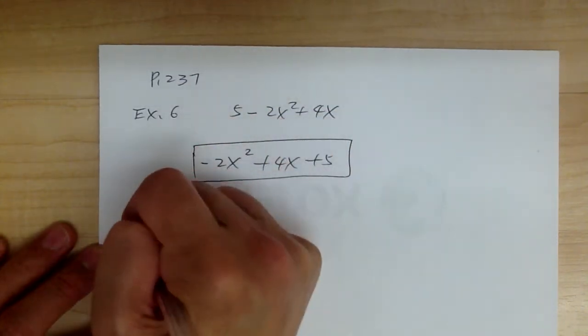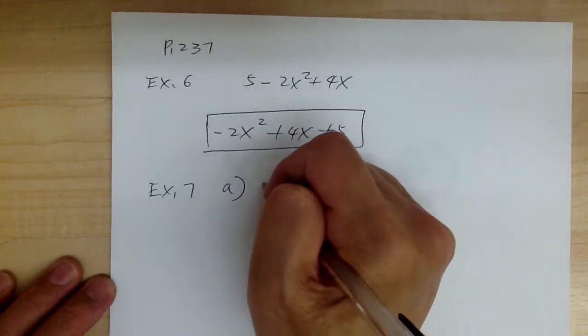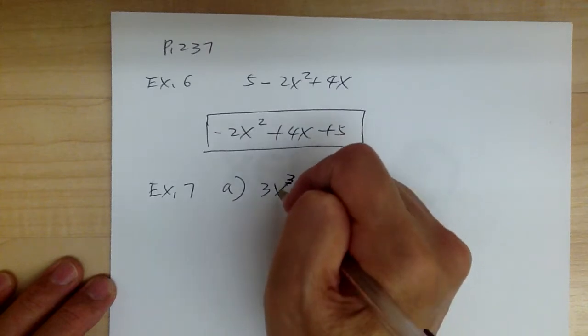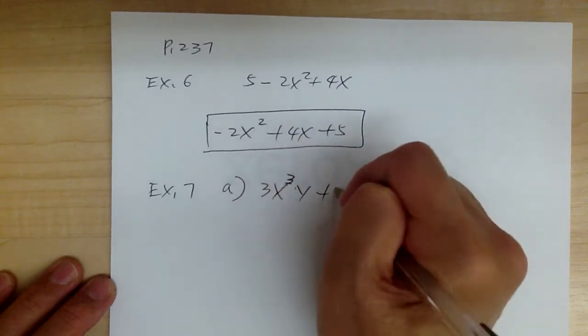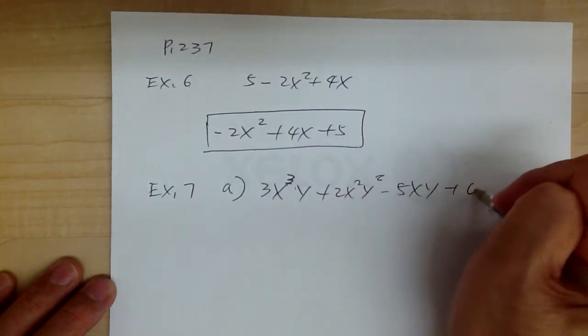Okay? So example 7. Example 7a. You got 3x cubed y plus 2x squared y squared minus 5xy minus 10.